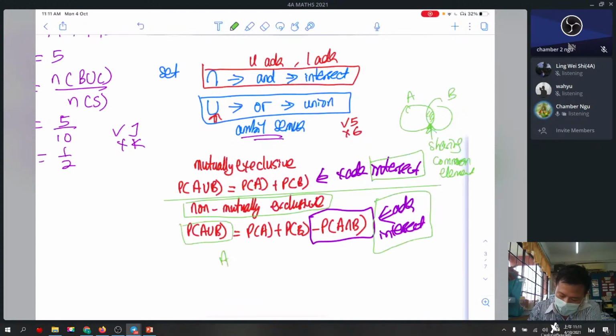If we want to find A union B, we have to get A plus B minus A intersect B. Otherwise, it will be counted double.